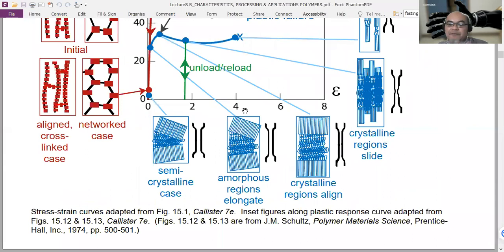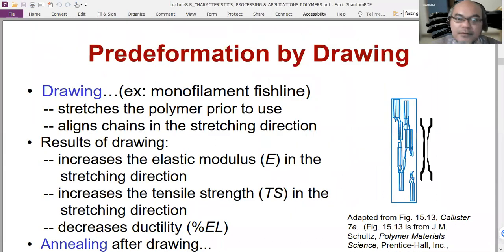Okay, then drawing is a process of pre-deformation. It stretches the polymer prior to use and aligns the crystalline chains in the stretching direction.